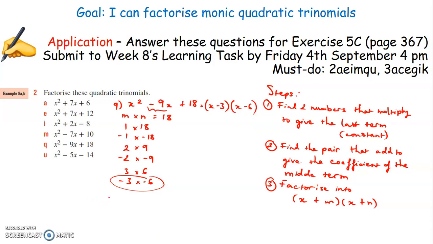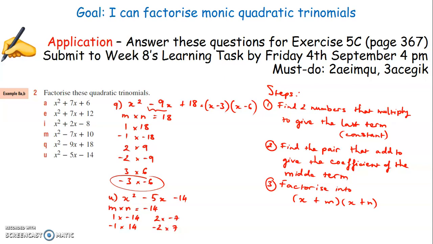And finally, we have u. So x squared minus 5x minus 14. Two numbers that multiply together to give us negative 14: 1 times negative 14, or negative 1 times positive 14, or 2 times negative 7, or negative 2 times 7.